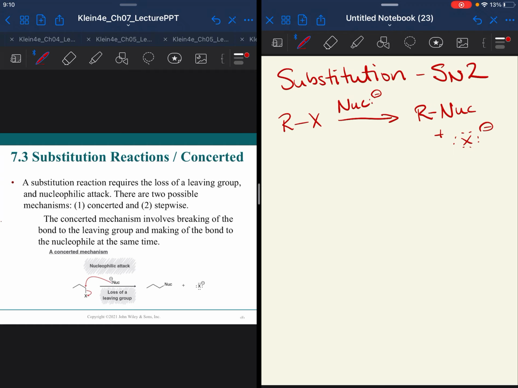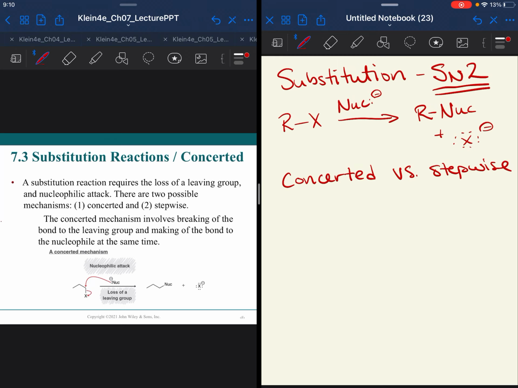There is a concerted mechanism, and that is the SN2, and that is what we're going to be seeing in this part. And then there is stepwise. So concerted versus stepwise is one of our first topics. A concerted mechanism is going to show all of the bonds breaking and forming at one time.